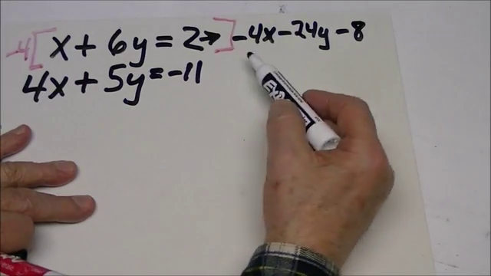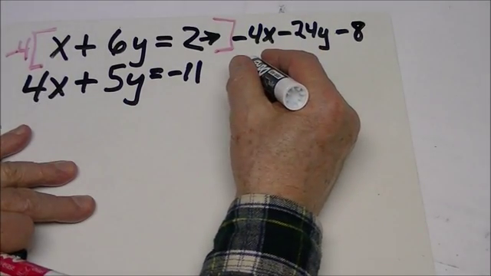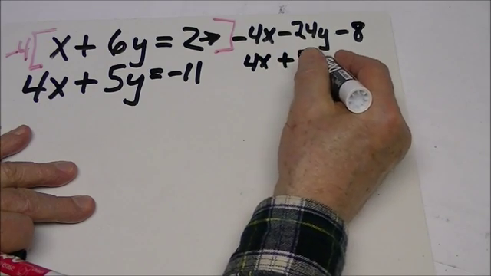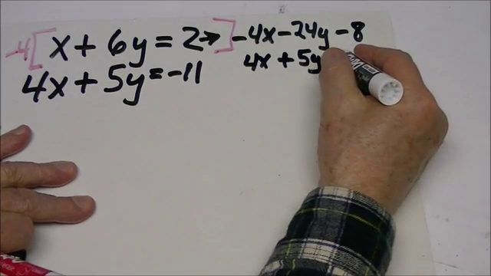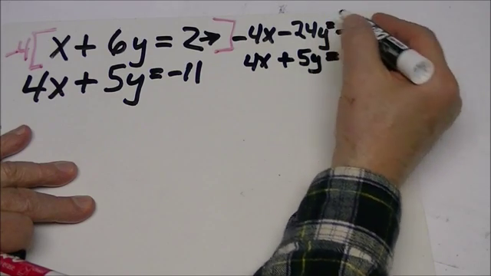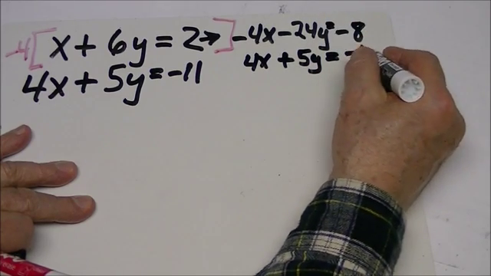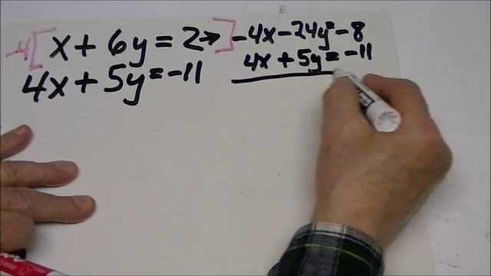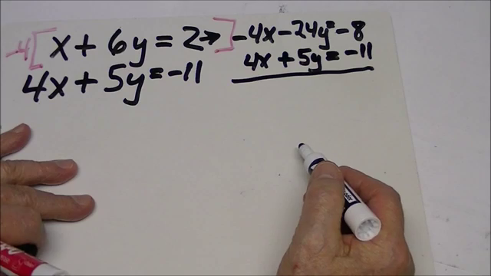And now I just copy this second equation down, which is 4x plus 5y equals a negative 11. And I'm writing big so you could see it, but I'm running out of room a little bit, but that's okay.